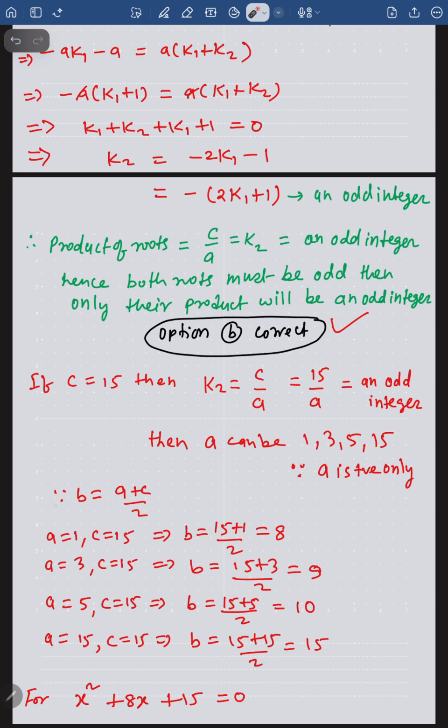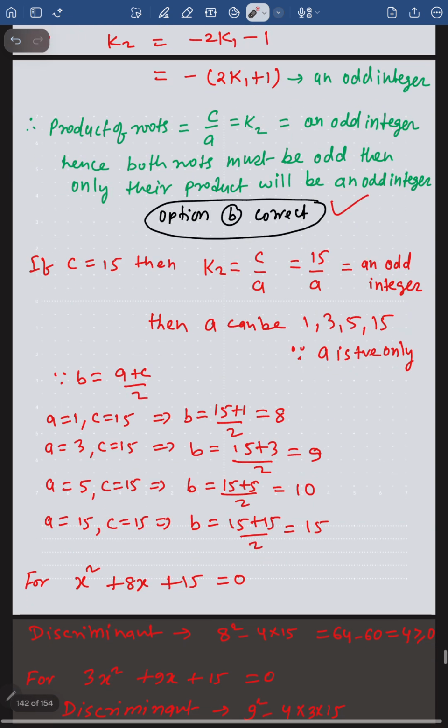Also b is a plus c upon 2, as a, b, c are in AP. We will deal with these options one by one. If a is 1, c is 15, then b will be 15 plus 1 by 2, that is 8. If a is 3, c is 15, then b will be 15 plus 3 upon 2, 9. If a is 5, c is 15, b is 15 plus 5 upon 2, 10. If a is 15, c is 15, then b will be 15.